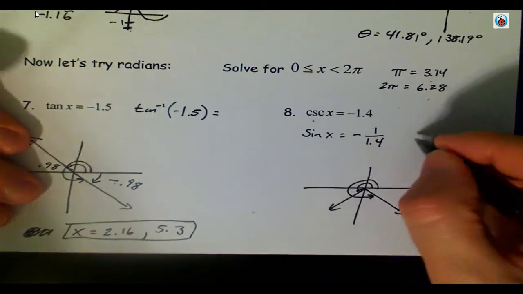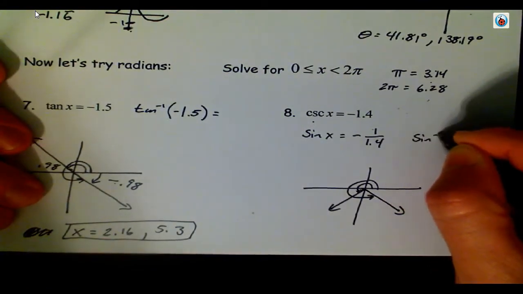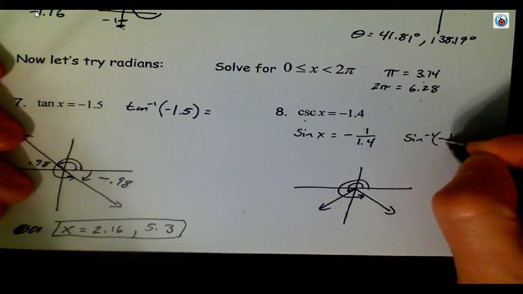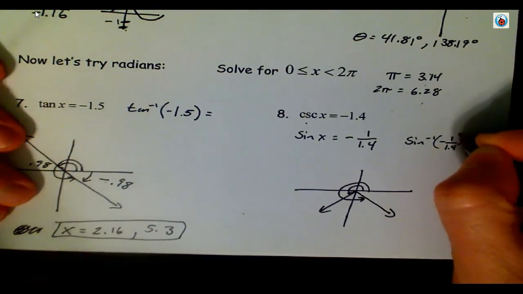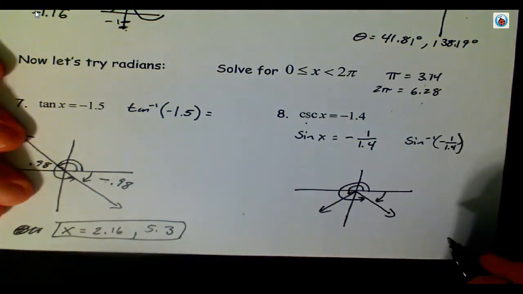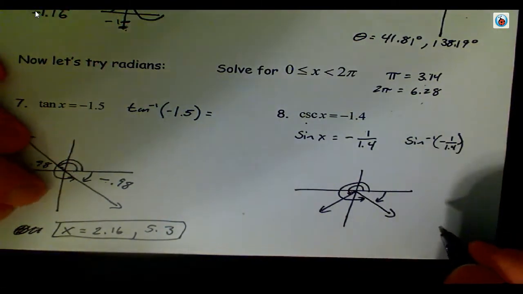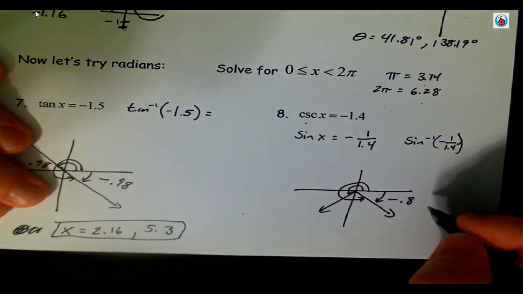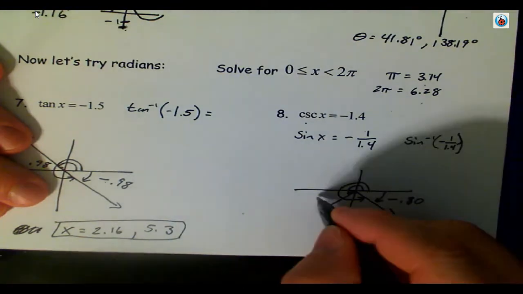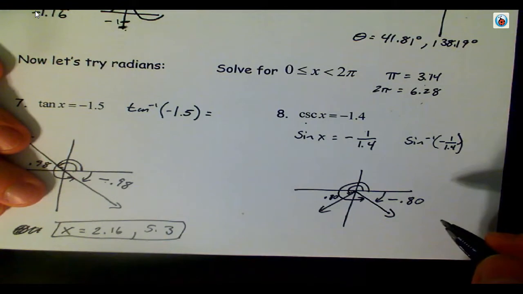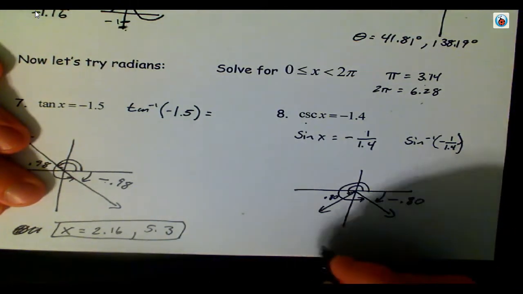To do so I need to take the inverse. So sine inverse of negative 1 over 1.4. Remember, sine is going to give you a negative angle right there, and that's going to be negative 0.80. Which means that this is 0.80 over there in that reference angle, which is going to help me find these.